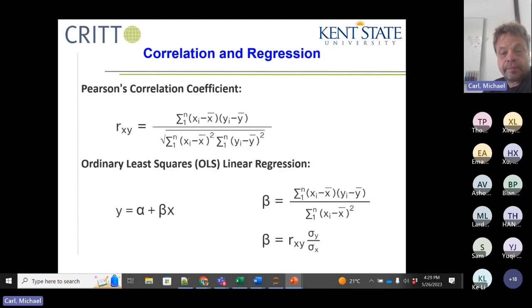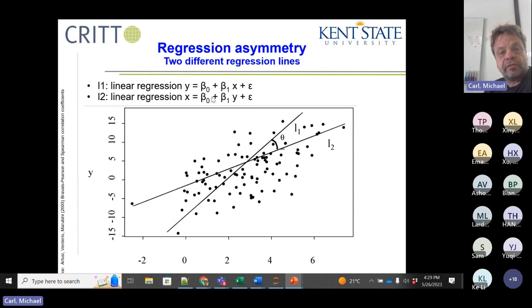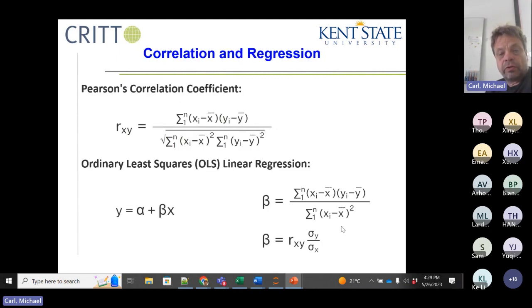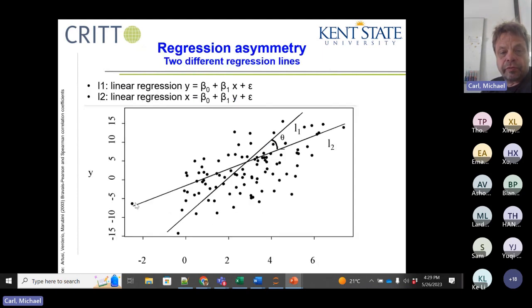If we had here a correlation, then it would not matter whether we use this formula or this formula, it would produce the same slope and the same intercept. But because here we don't normalize by the y factor, it produces two different kinds of slopes, two different kinds of lines here.